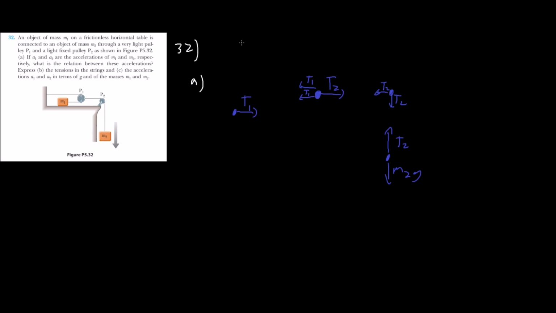But one thing to recognize is that the acceleration for the object 1 would have to be double the amount of the acceleration for the object 2, because as this moves, in order for the length to compensate here, this would have to stretch out from the pulley.